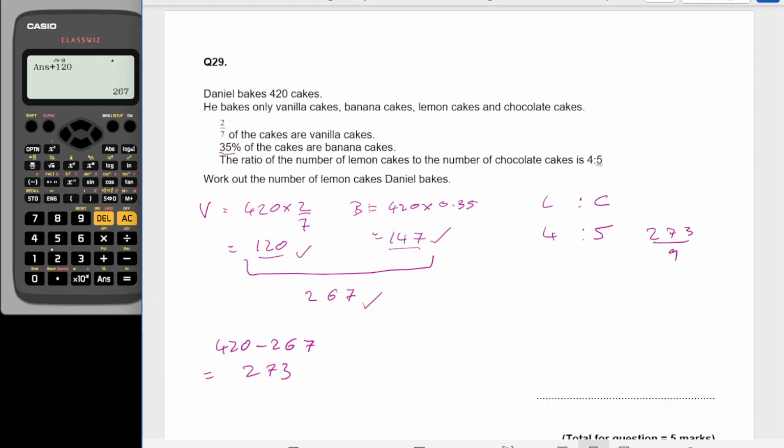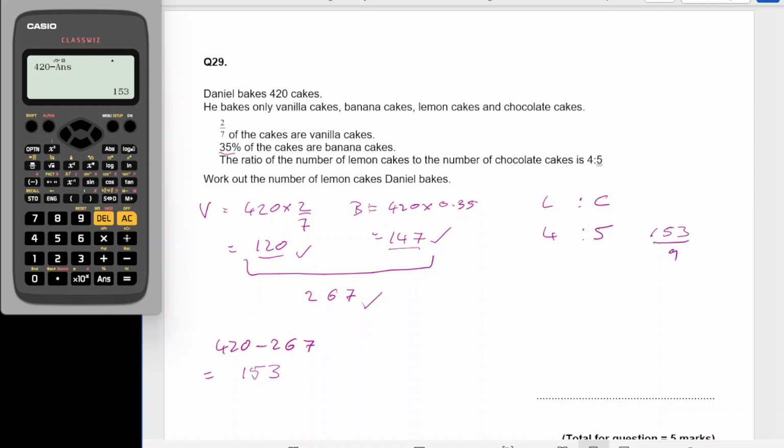Check that one as well. Okay, here we go. Not sure what I did there. 153. Should have been able to spot that.